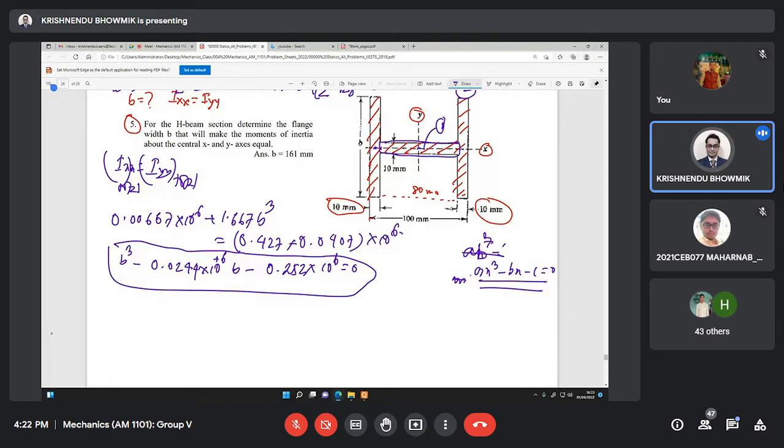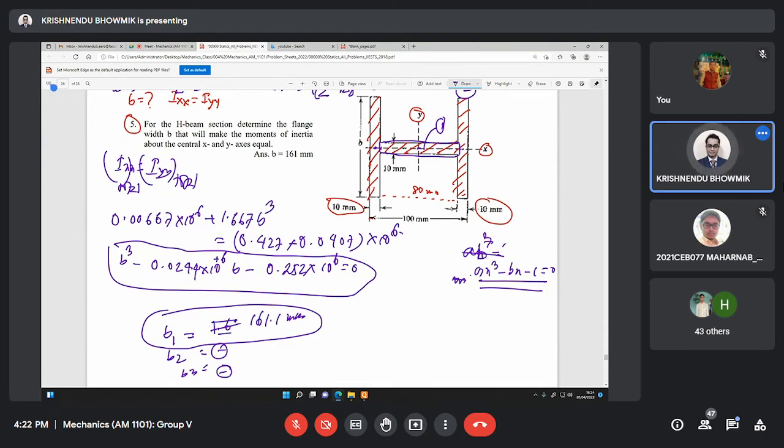If you solve correctly, then you will get b1, b2, and b3, three values you can get, and b1 will be 161.1 millimeter. b2 and b3 will be some negative values. But b cannot be negative, so it will be 161.